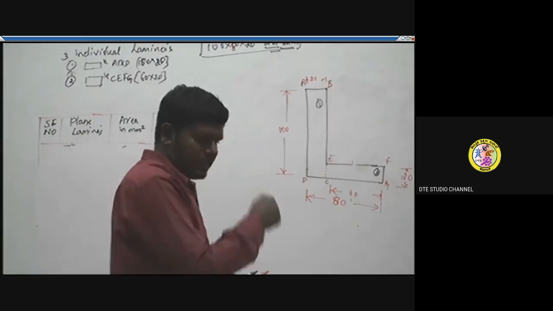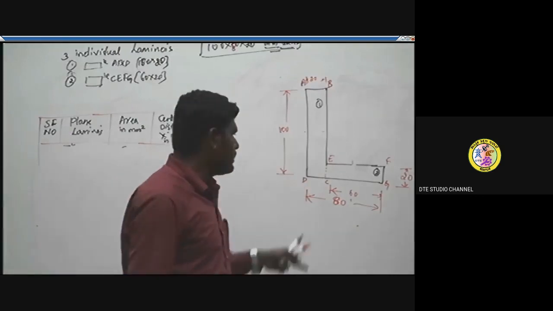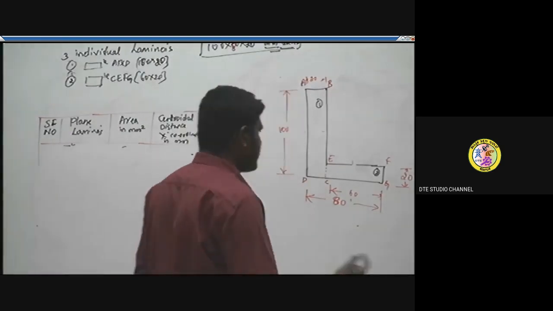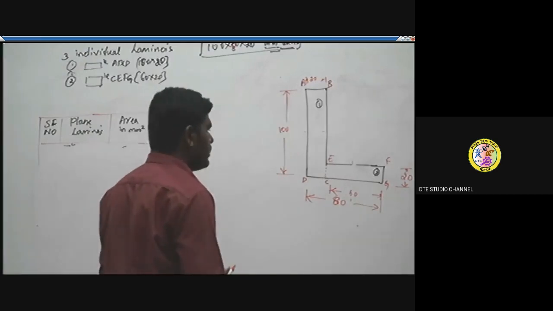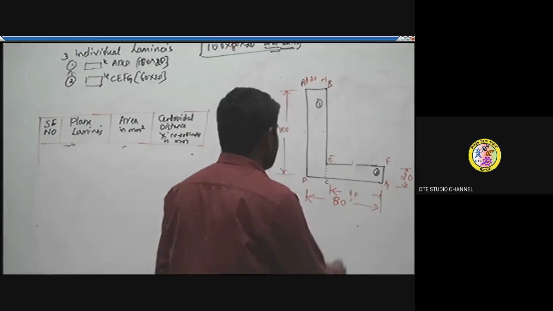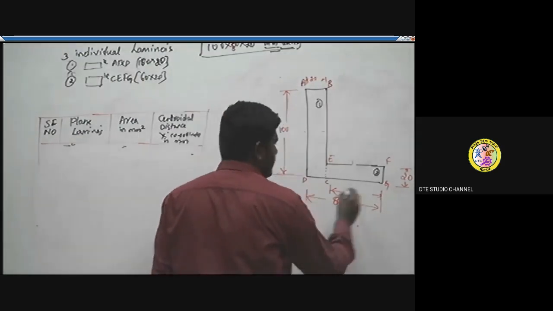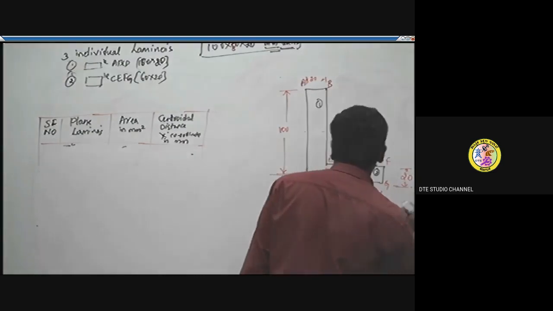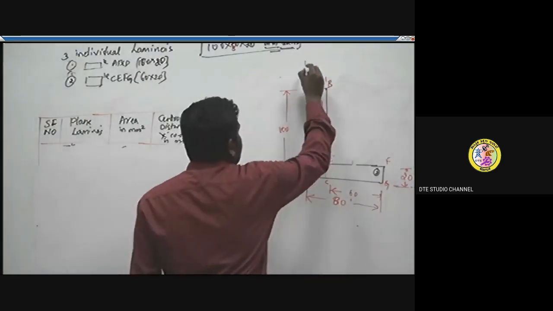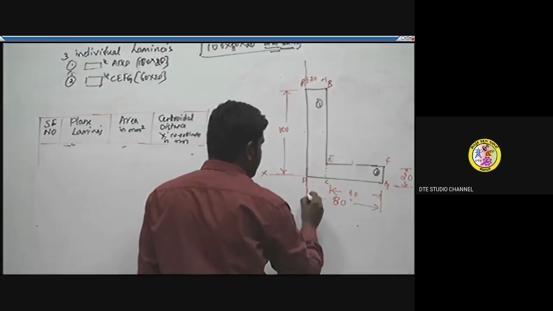So in this case, we have to calculate both. In order to locate the centroid of this L section lamina, we have to calculate both x bar and y bar, both x and y coordinates. Next, in the third step, we take the reference axes. The bottommost line of the section will form the x axis, and the leftmost line will be the reference axis for y coordinates.